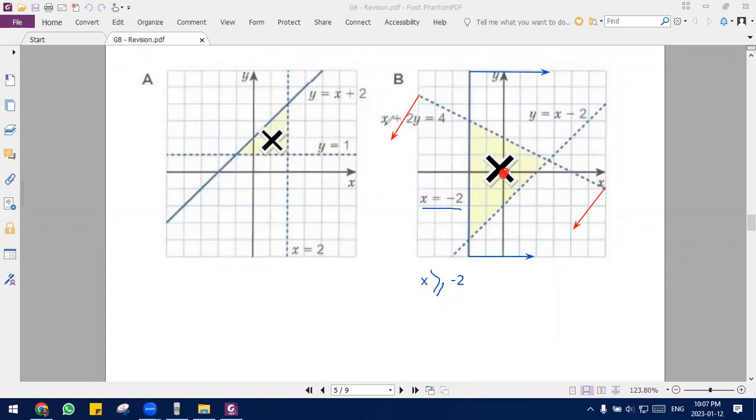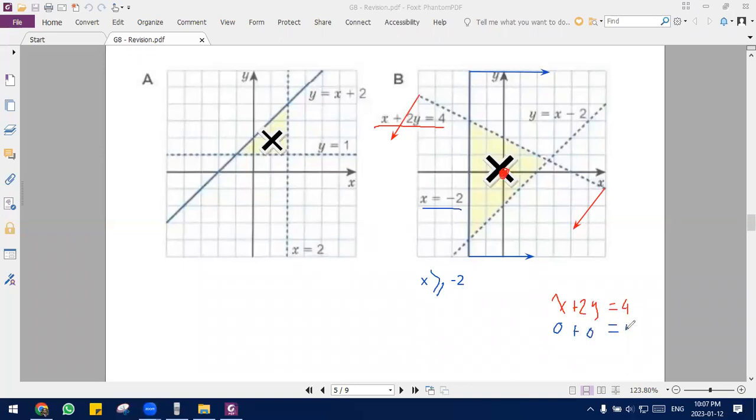So I'm using this equation now. Let me write it here. x plus 2y equal to 4. Now we replace x and y by 0. So we have 0 plus 2 times 0, which is again 0, equal to 4.